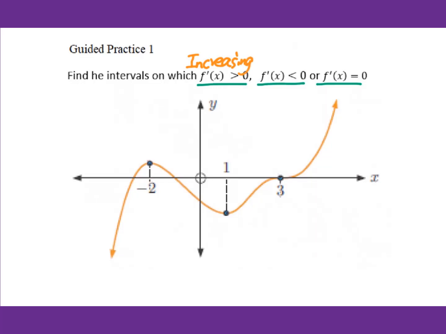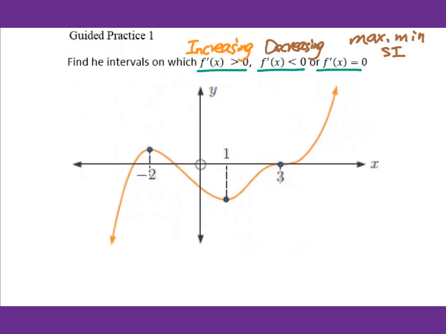First derivative less than 0 means a decreasing graph. For first derivative equal to 0, you have either a maximum, minimum, or stationary inflection. Therefore, for first derivative greater than 0, we're looking for the increasing interval.